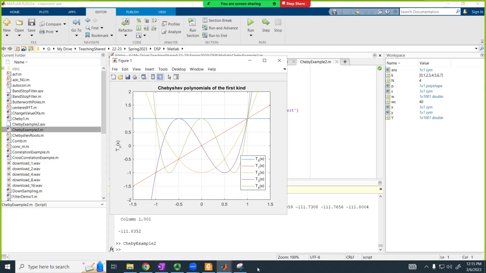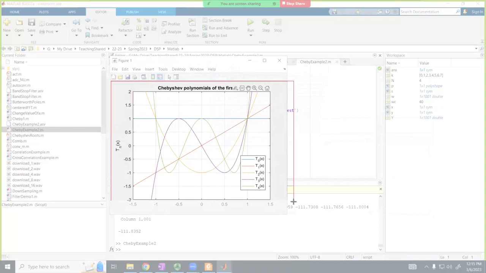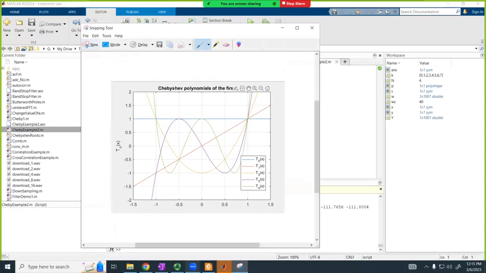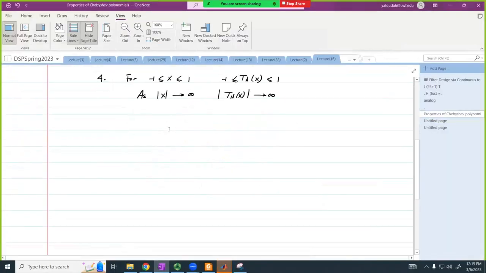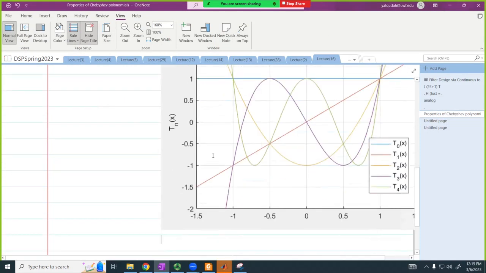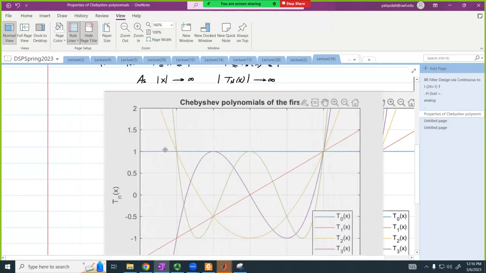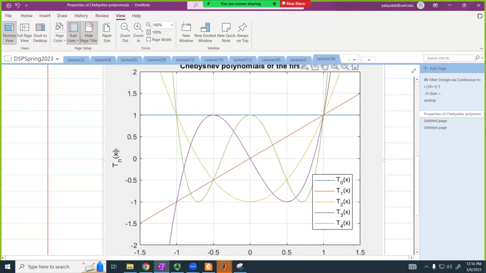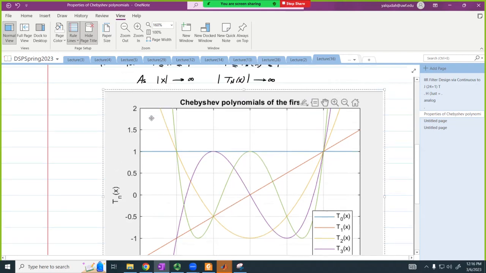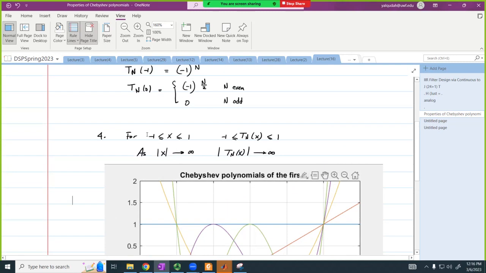So let me take a snippet of this and put it back in there. This shows all the Chebyshev polynomials for n from 0 to 4. What do you notice?